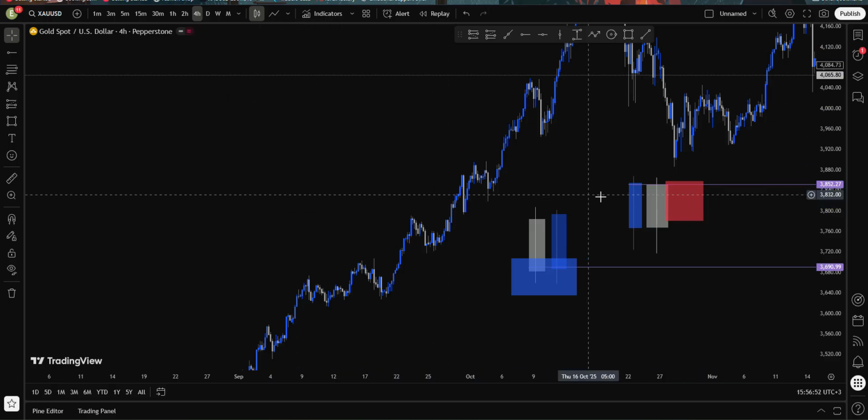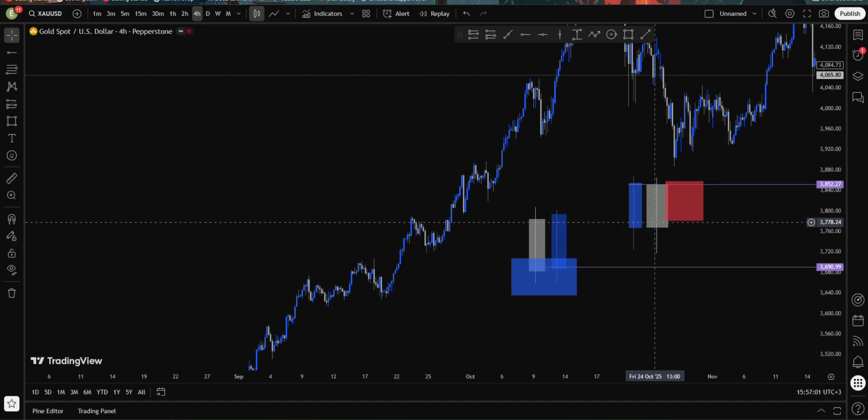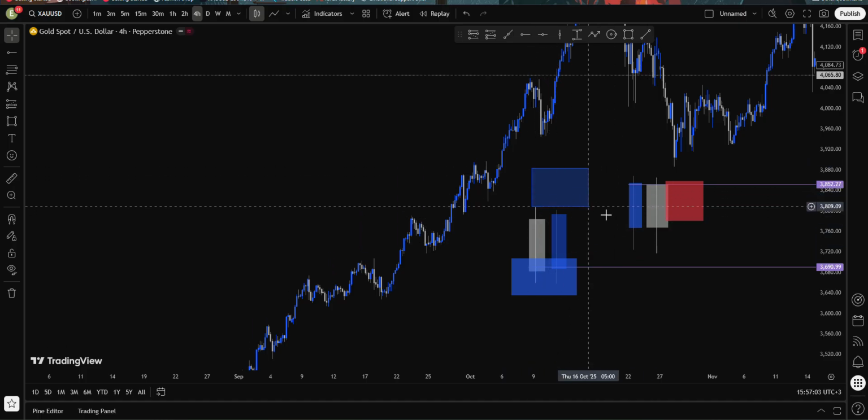Let me use red. For me, the blue candles represent the bullish candles and the white ones represent the bearish candles.